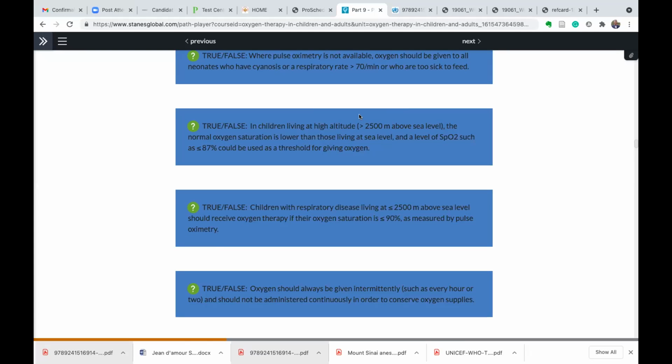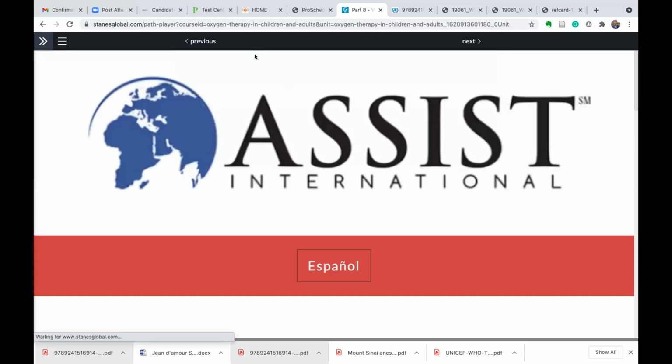Yeah, this is the opposite of the previous question, and I see that most of the people are getting the right answer. So for the regular areas, the cutoff for oxygen therapy is a saturation below 90%. So for most of our country, our target will be 90%. Very good. Good job.